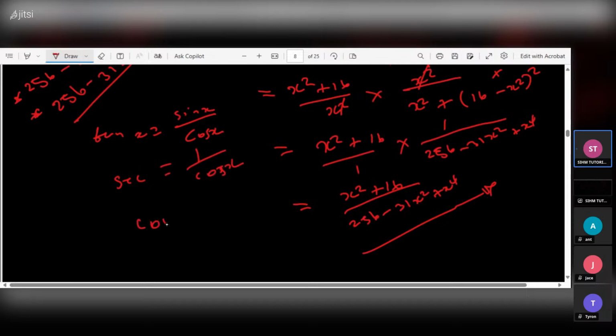And cosec x has a relationship with 1 divided by sine x. So you should also know about this. It will be easier for you to understand.